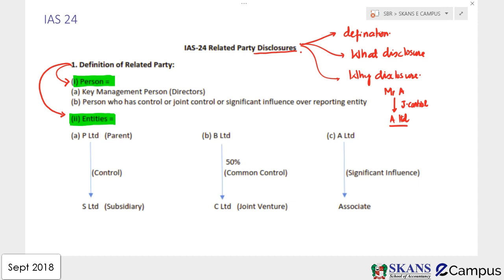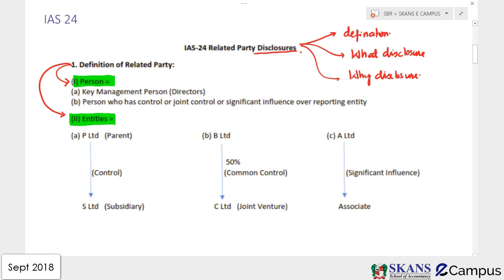One is Mr. A and obviously the second is Mr. B. Now, if I say that Mr. A has significant influence over A limited, and we know usually if we have voting rights from 20 to 50, we can say that it's an associate of Mr. A. So we can say that Mr. A has significant influence over A limited, so Mr. A is a related party. Okay, so these are the related parties.